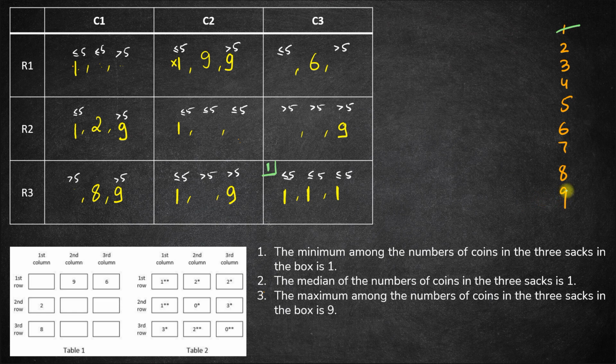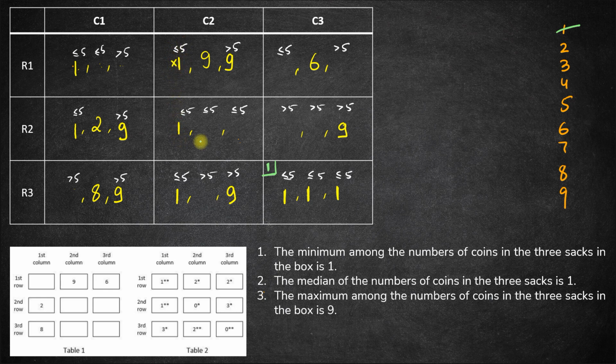Let's look at 9 now. Which box can contain 9? An average of 9 is possible only when all the sacks contain 9, 9, 9 coins, right? Now which box can have all sacks containing 9, 9, 9? Not possible in this column. This is 8 already. Not possible in these 2 boxes, and even here 9 is not possible in this sack.